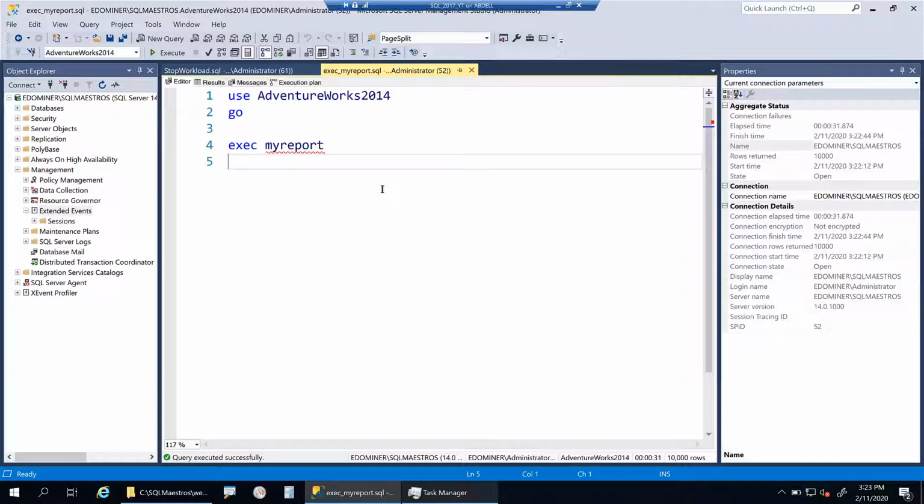Now the question is, what are you going to do? If we go back to the slides, we talked about indexes, we talked about stats, we talked about a whole lot of different things. But imagine this stored procedure could have hundreds and thousands of lines of code inside it, and it may be touching a lot of different tables.